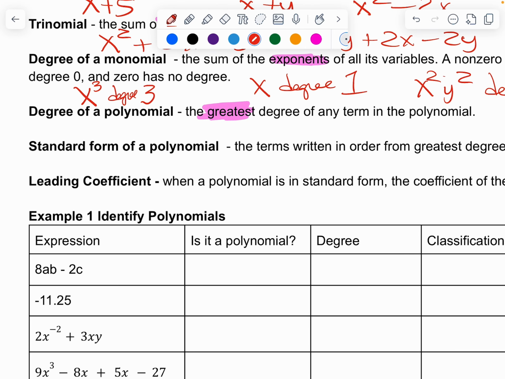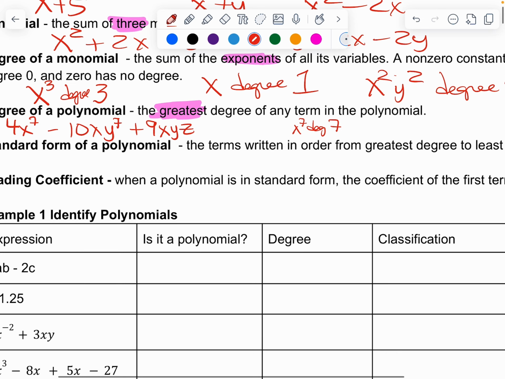So if I have 4x to the 7th minus 10x to the first y to the 7th plus 9xyz, I add the exponents. For x to the 7th, the degree is 7.